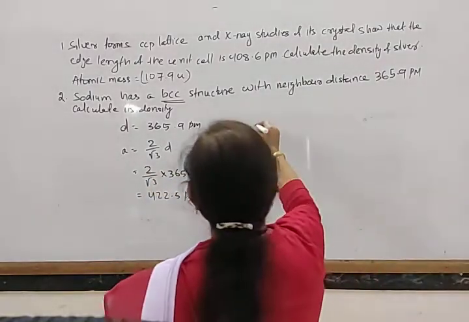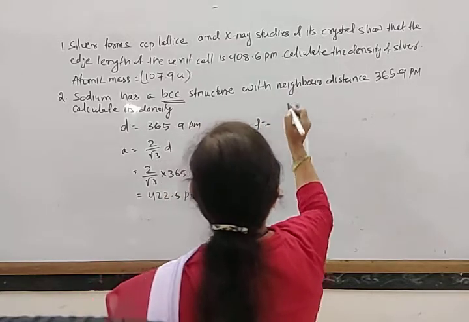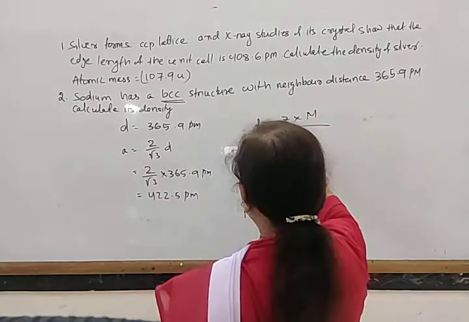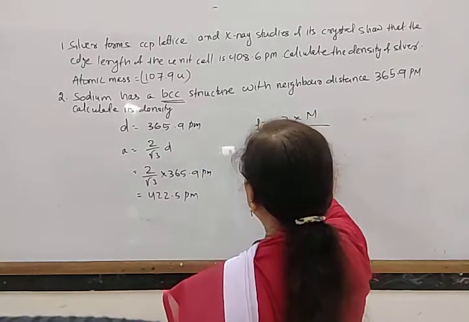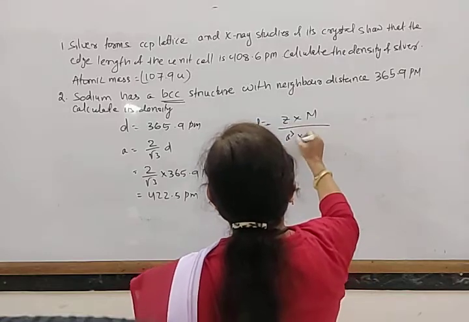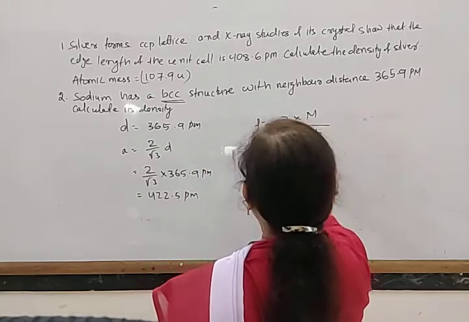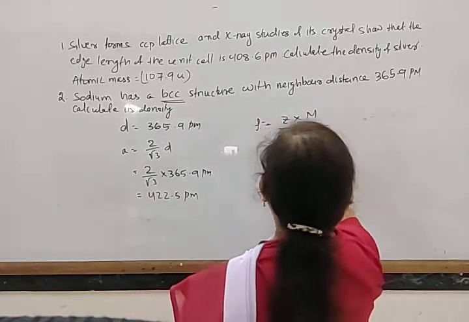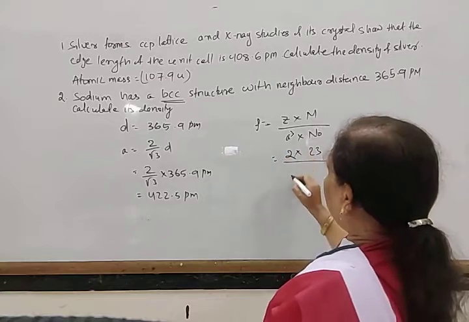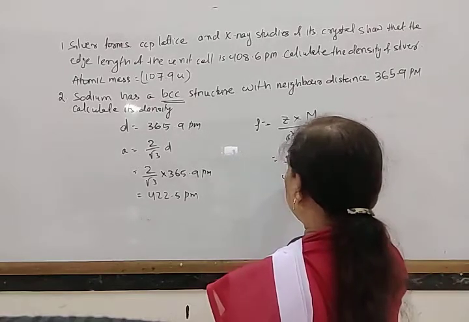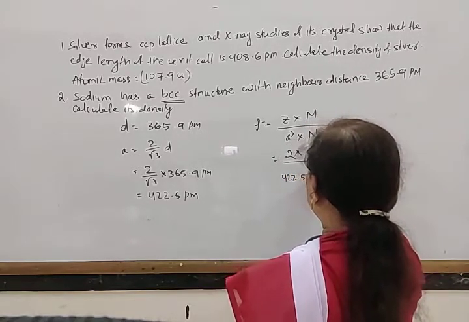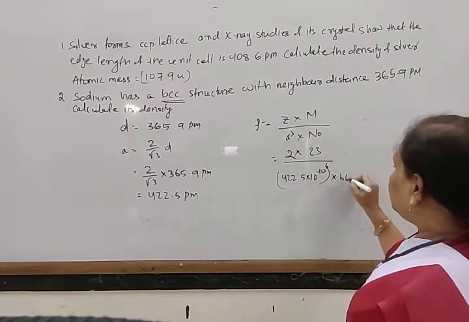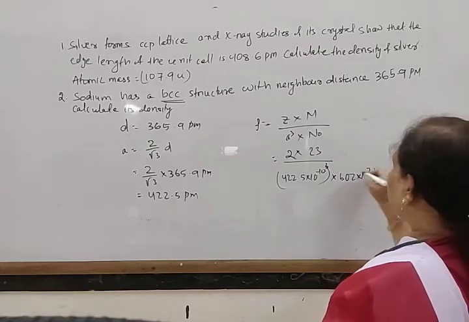And given density, density equal to how much? That is Z into M by A cube into N naught. So Z value for BCC is 2, M for sodium is 23, and A value is 422.5 into 10 to the power minus 10 cube, and N naught value 6.02 into 10 to the power 23.